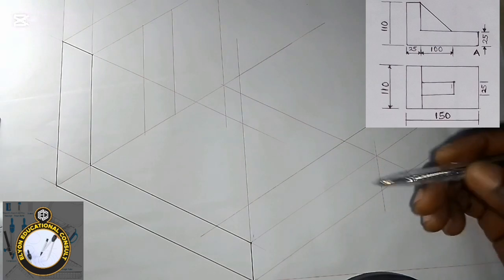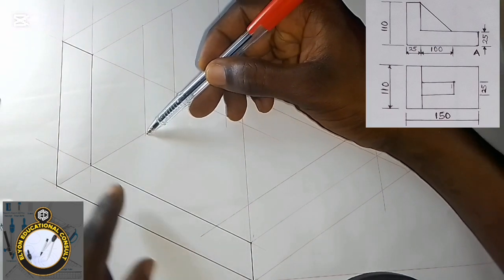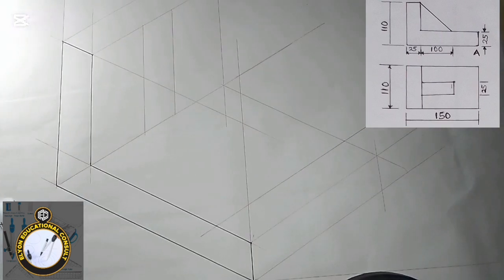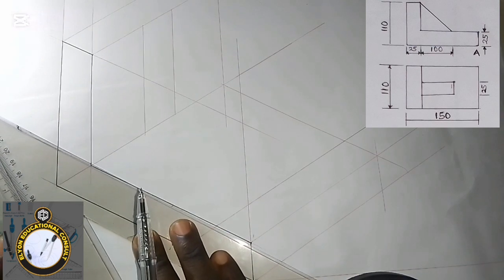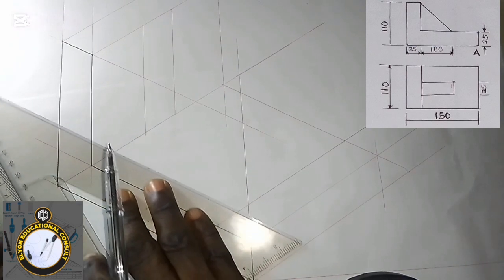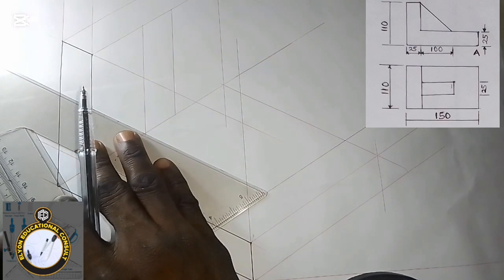All right, so from here we'll draw a parallel line to this line here, which will meet this. So I can do that now. Just put it here. So I'll slide my set square until I get to that point.